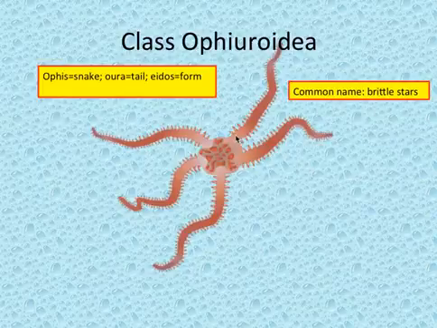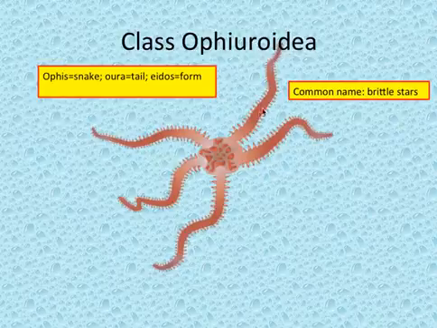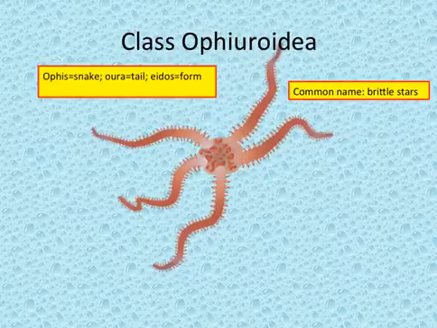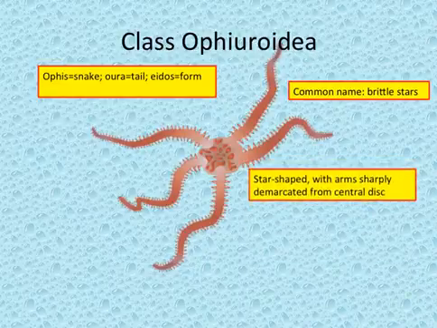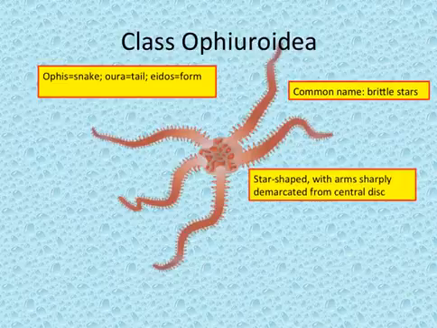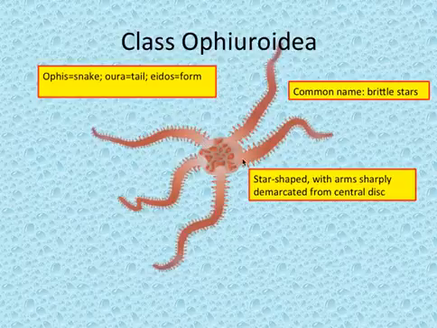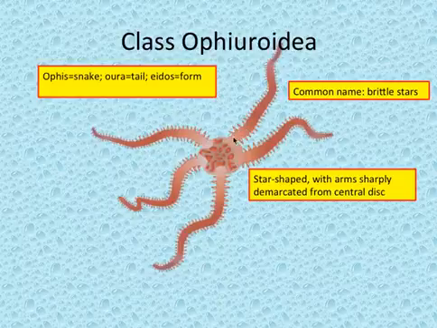So their arms may look like a snake tail, but they are also very skinny, and so they are called brittle stars because they look more delicate or brittle than sea stars. Their defining characteristic is that they are also star-shaped, but their arms are sharply demarcated from the central disk. So here you can see that this is the central disk, this round feature here, and you can definitely tell where their arms begin and where the central disk ends.